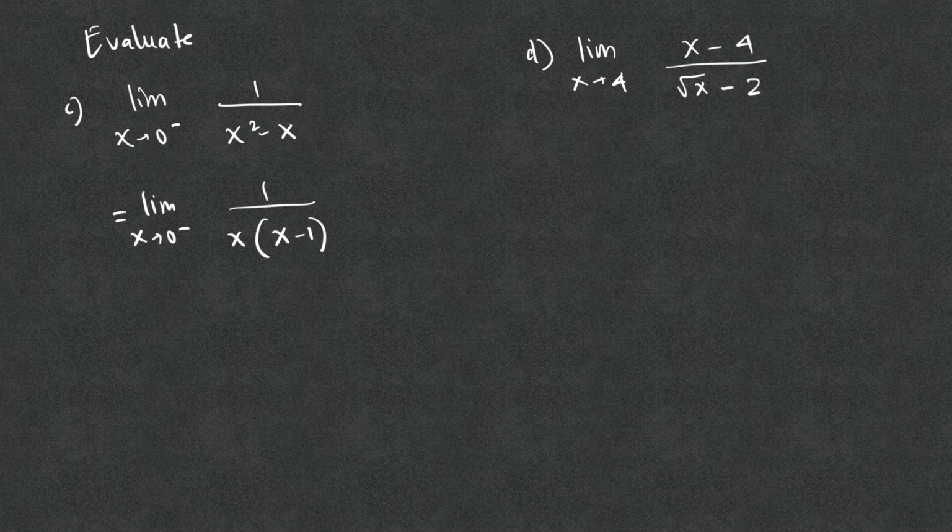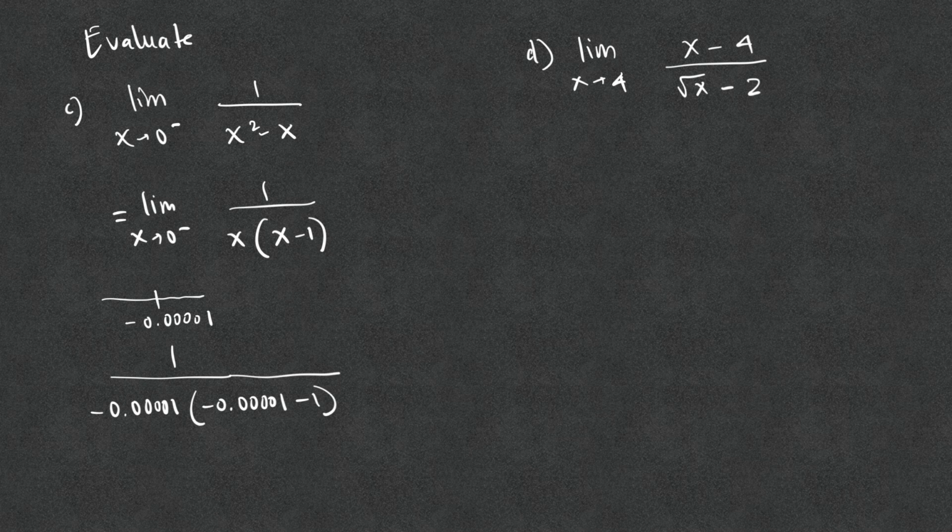If we plug in a number on the left-hand side of 0, such as negative 0.00001 into this expression, then we will get 1 over negative 0.00001 times negative 0.00001 minus 1. The numerator is a finite number, 1.